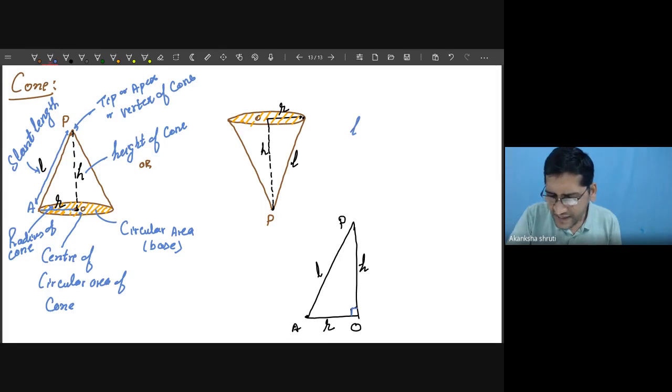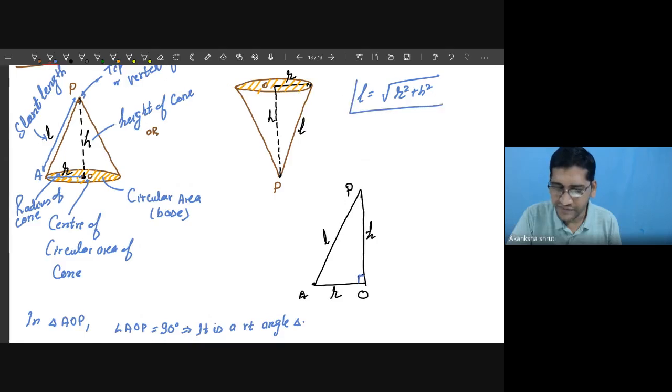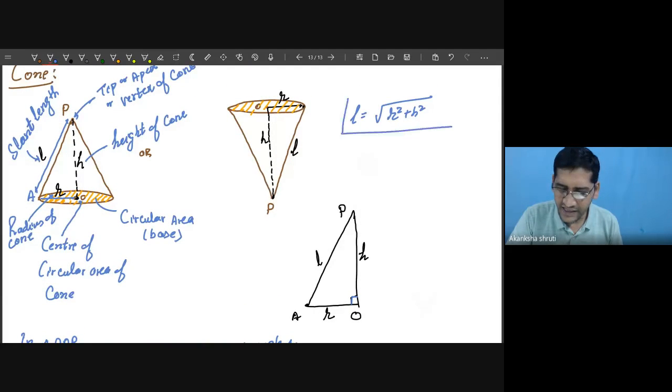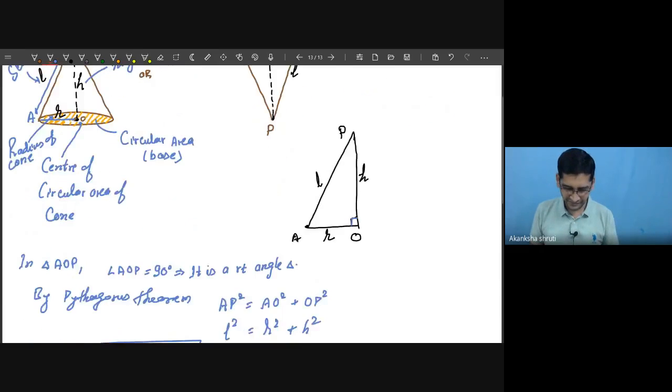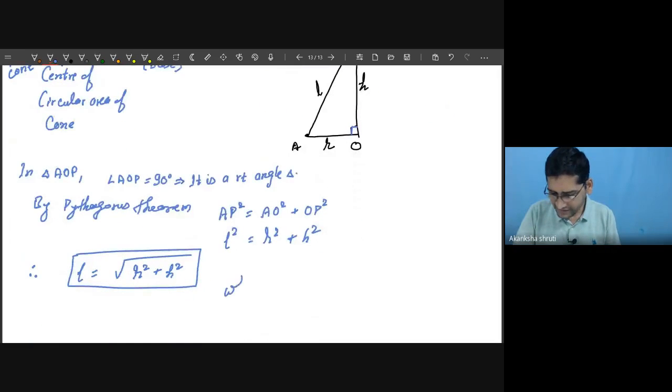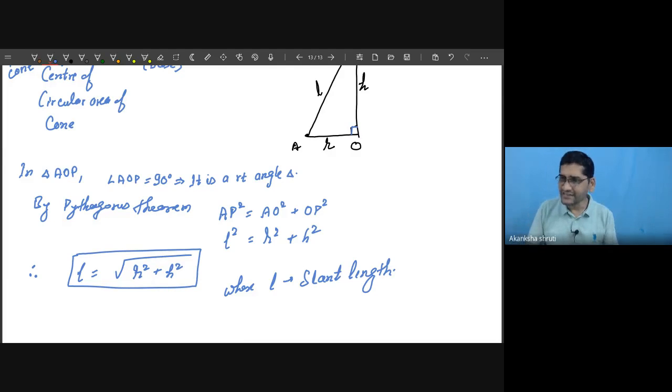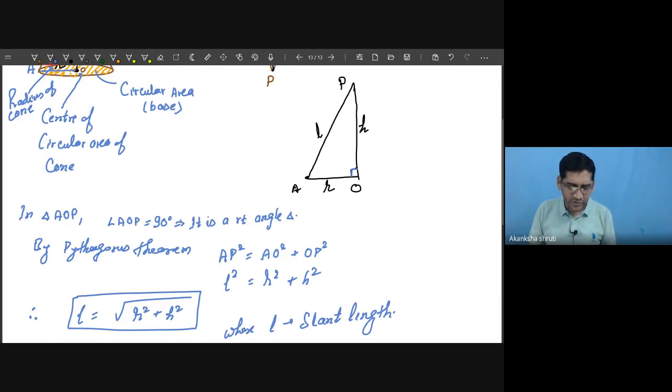The slant length L is obtained by the square root of R square plus H square. This length L is called the slant length, and it is along the surface of the cone.